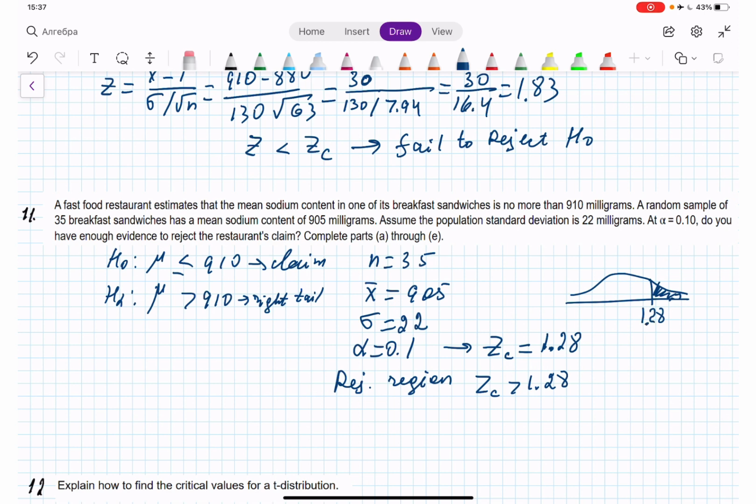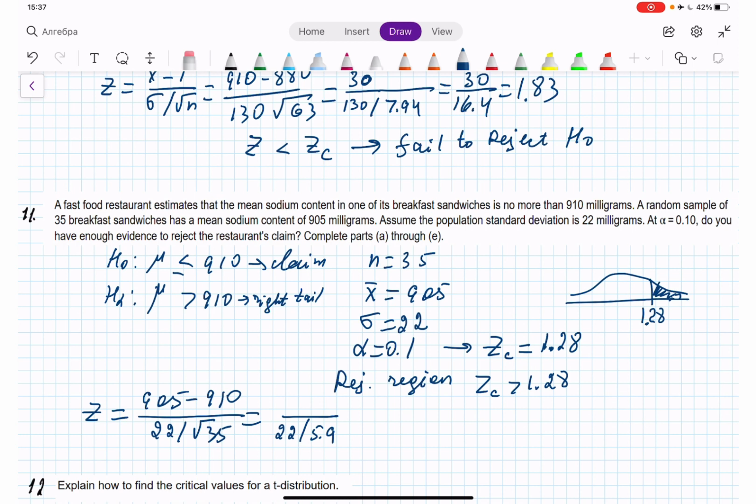And we need to find the standardized test statistic, the z-score, which is 905 minus mu, which is 910, divided by sigma, 22, over the square root of 35. The square root of 35 is about 5.9.